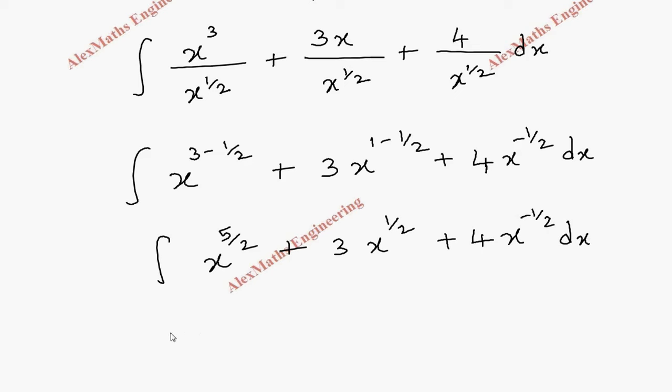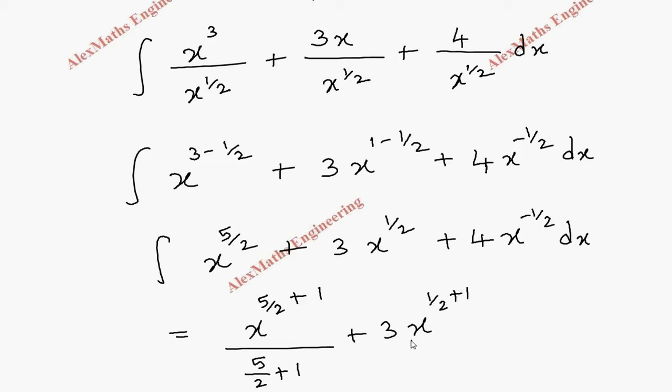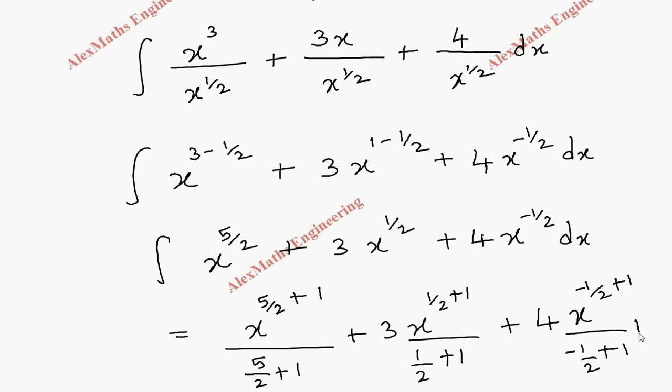Now applying the formula, we get x power 5 by 2 plus 1 divided by 5 by 2 plus 1 plus 3x power half plus 1 by half plus 1 plus 4x power minus half plus 1 by minus half plus 1, finally constant plus c.